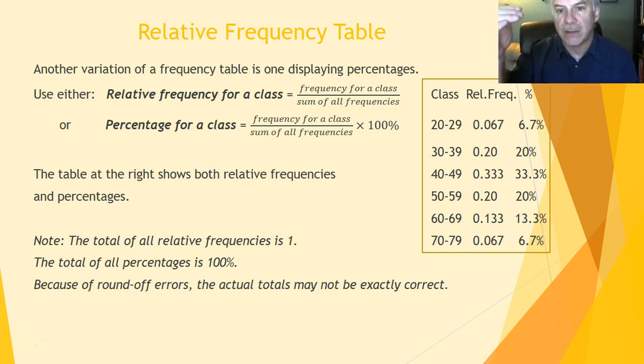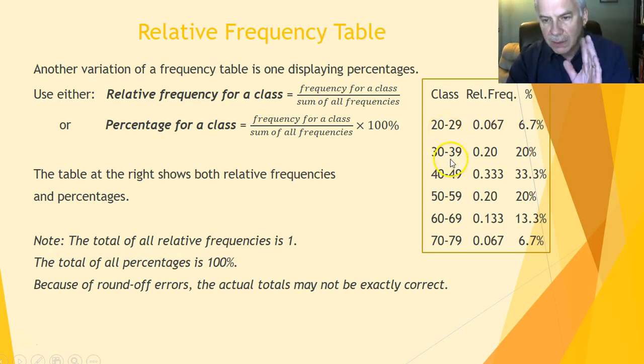So you go 1 divided by 15, because 15 is the sum of all the frequencies for all the classes, or it's the total number of numbers. So 1 divided by 15, and you get 0.067. But if you multiply that by 100, you move the decimal place over 2 places, you get 6.7%. So that's the relative frequency for the first class.